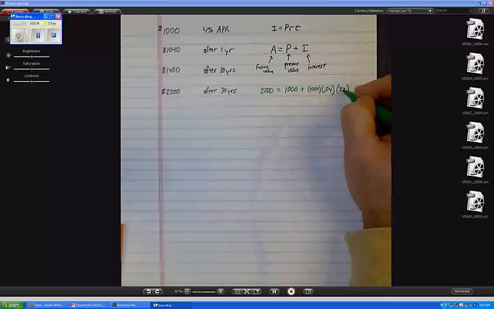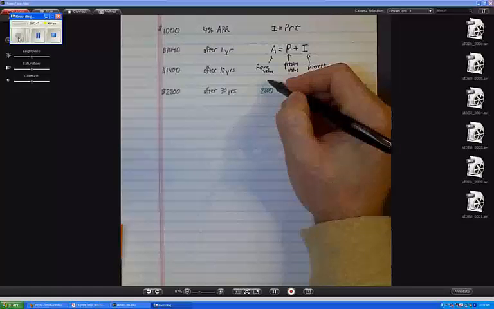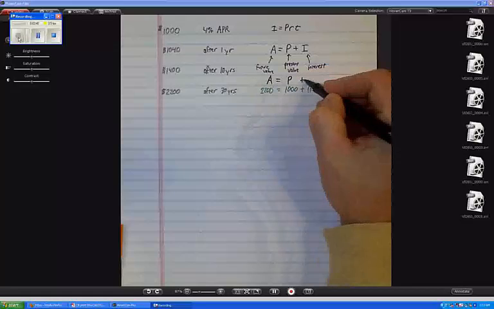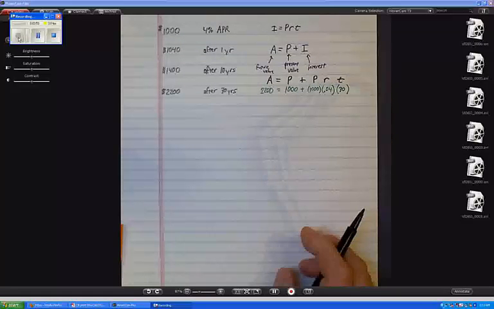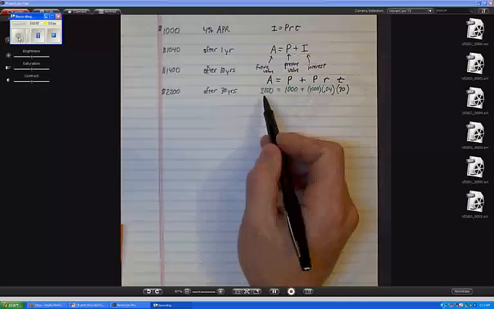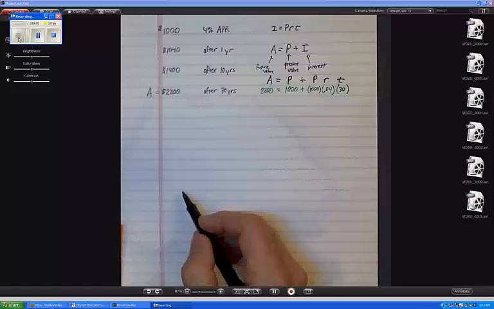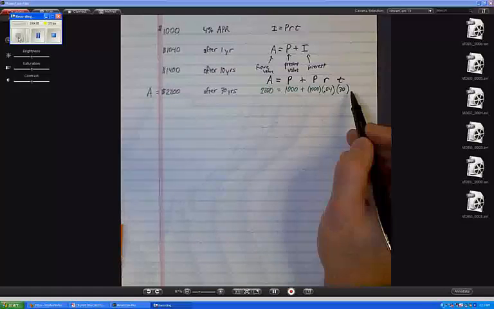Okay? So I want to write down what it is you really just did, because I think this is important to understand. You did A equals P plus PRT. That's what you did, right? The future value, the amount, A, I got by taking the present value, 1,000, and adding this.